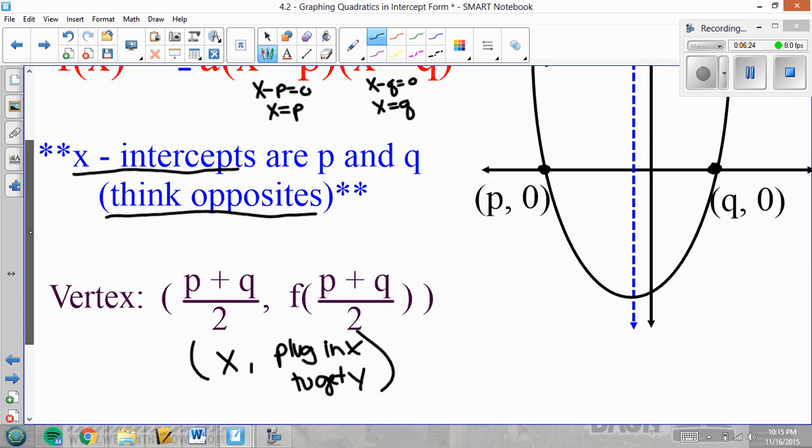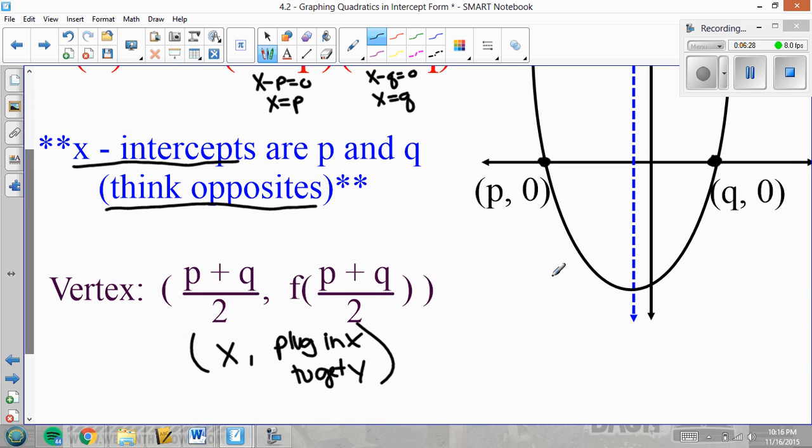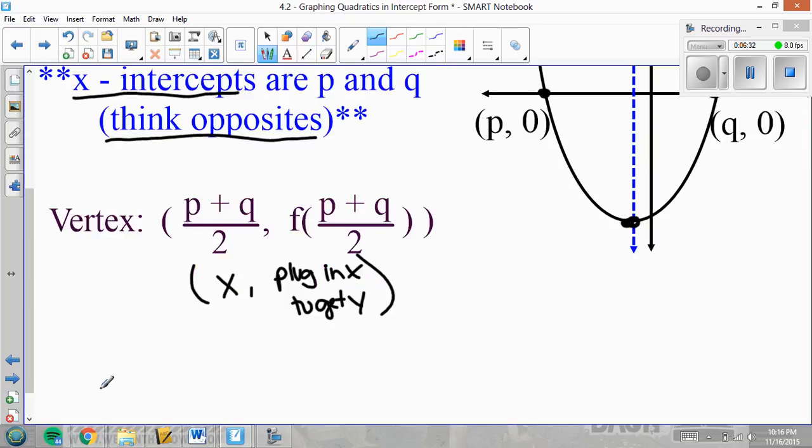You're just going to take that x value and plug it into your equation like we were doing before, and that will give you your vertex. Remember, if you know your vertex, you know your axis of symmetry. It's just x equals the x of vertex. So we're going to use this to do some examples together.